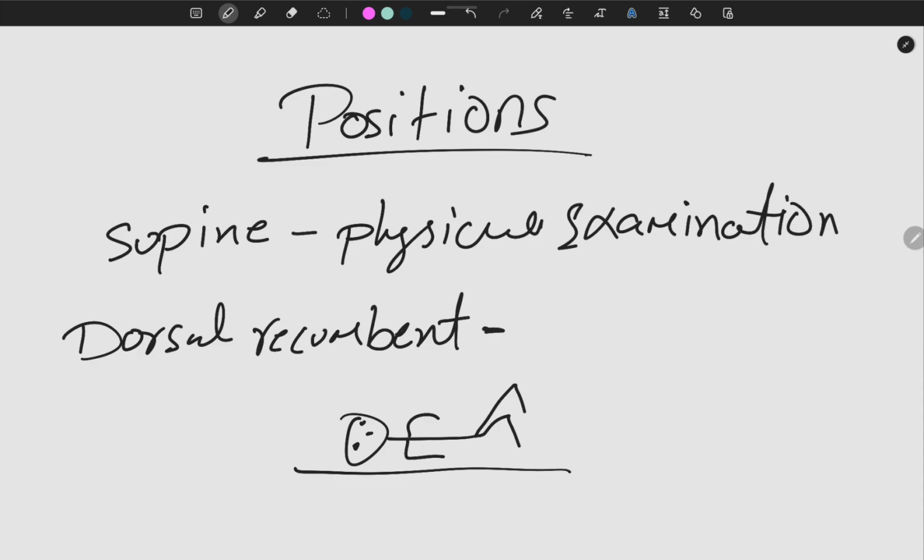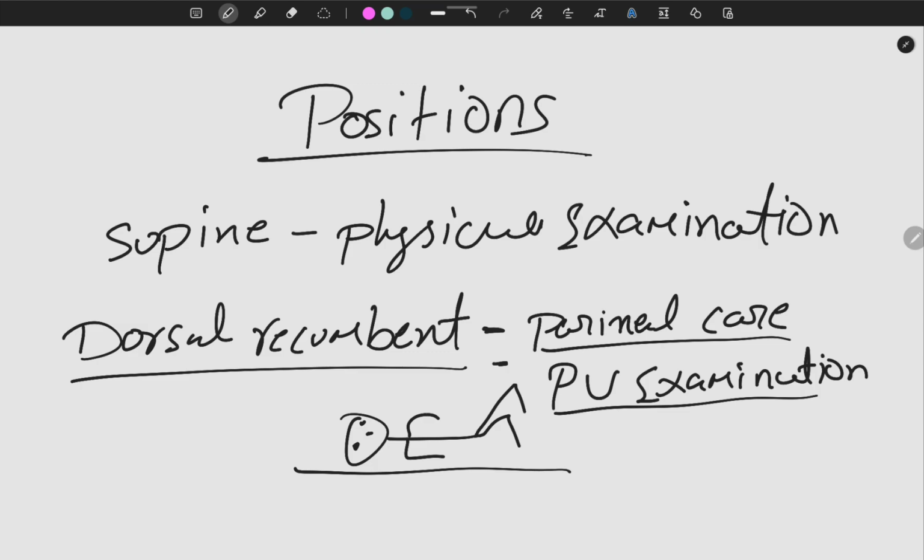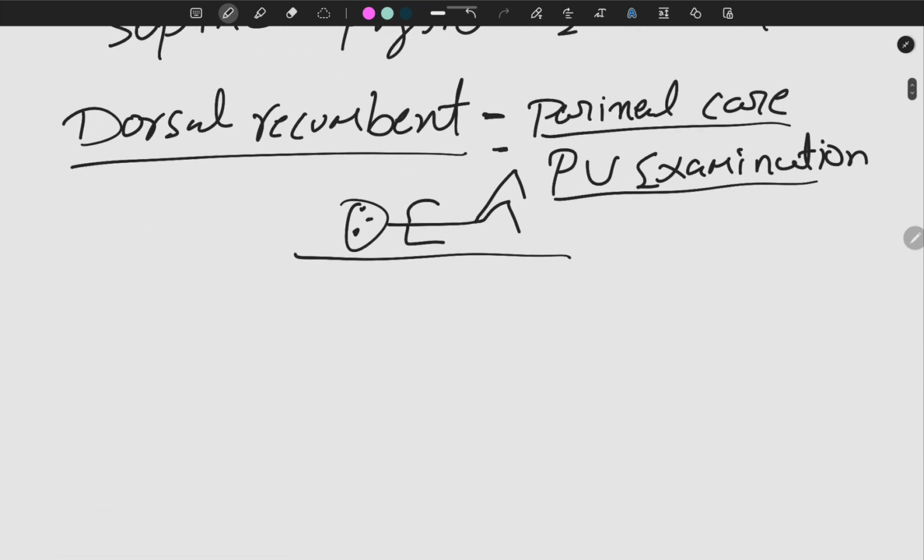For this dorsal recumbent position, we commonly use it for perineal care and the per vaginal examination.